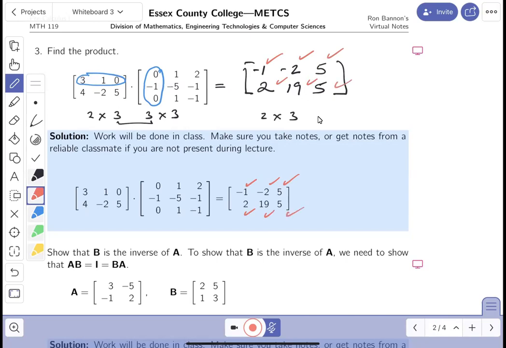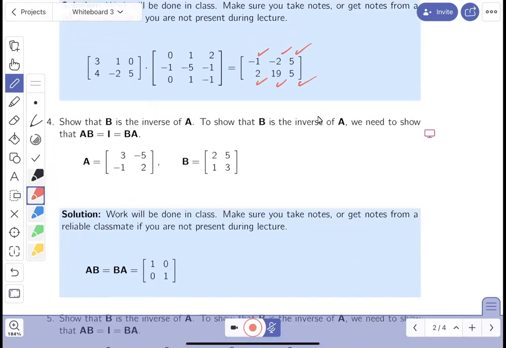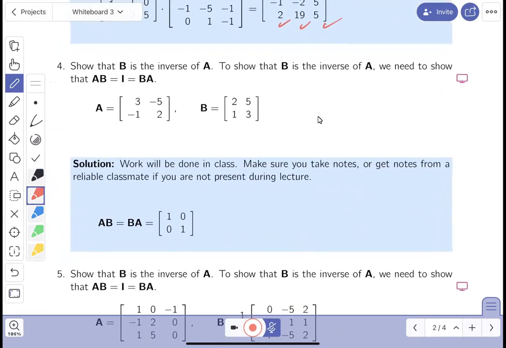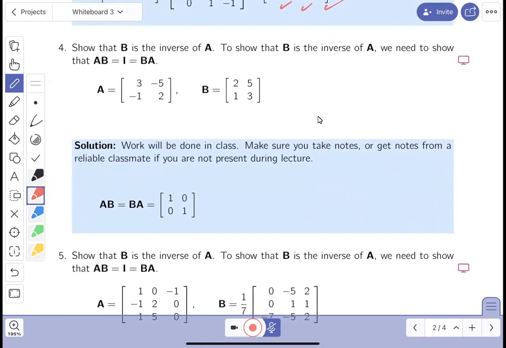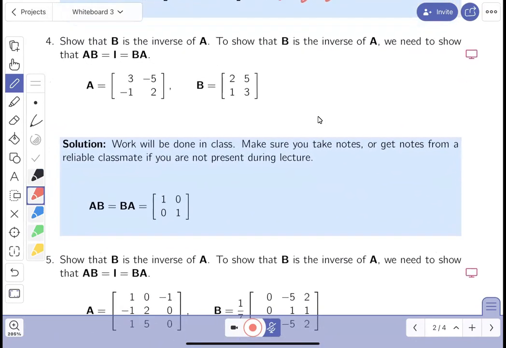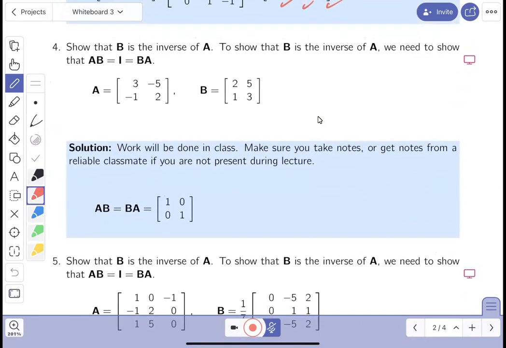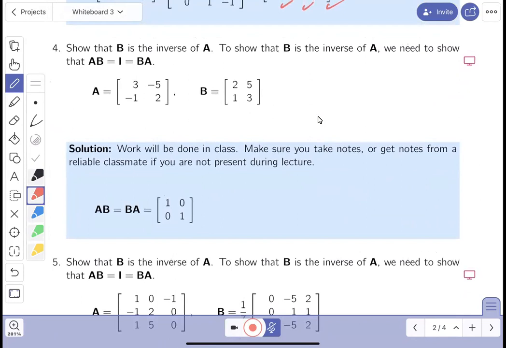Okay, let's keep going. And this one says show that B is the inverse of A. And then it says to show that B is the inverse of A, all we need to show is that AB equals I. I'll write this down for you. And while we're at it, we might as well show that BA is also I. Let's go through it one step at a time.